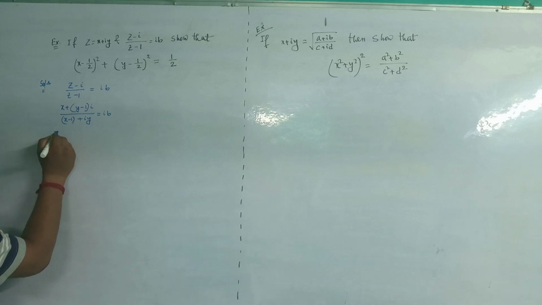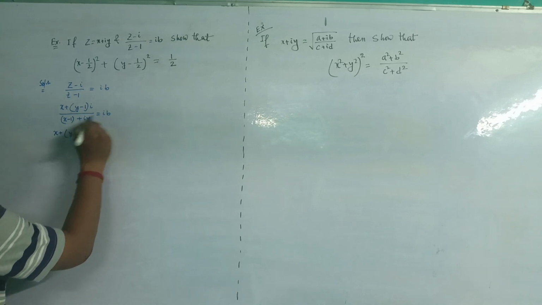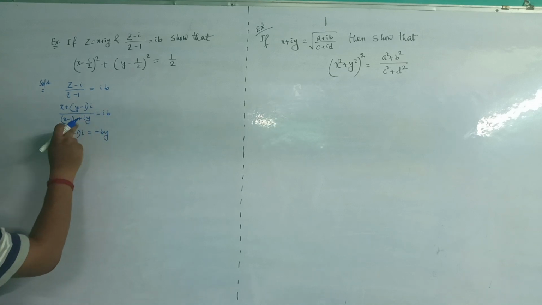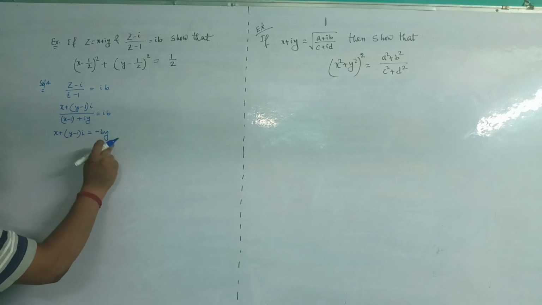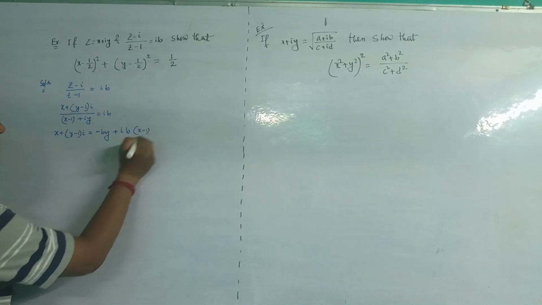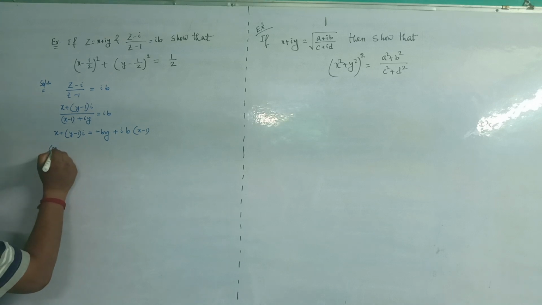So x plus iy minus i, if you multiply this, so minus y plus ix equals ib into x minus 1 plus iy, i squared gives minus, so minus by plus ib into x minus y. Now compare both sides.